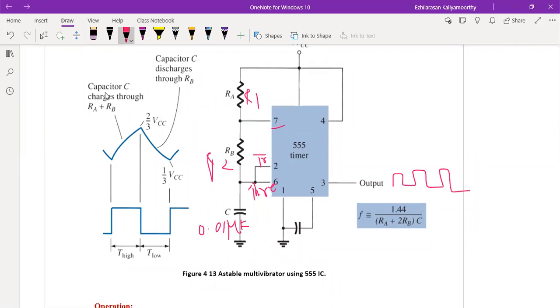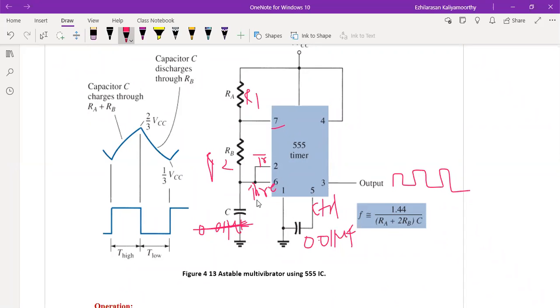See, not this one, this one, 0.01 microfarad, number 5. This is nothing but the control voltage pin. The control input is used strictly for decoupling and has no effect on the operation.